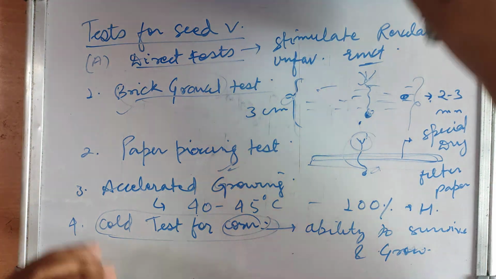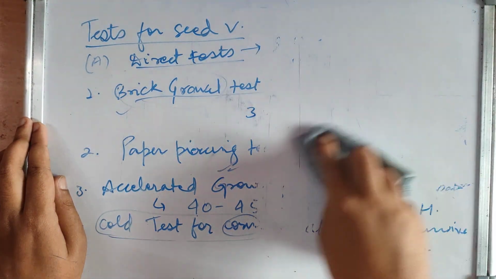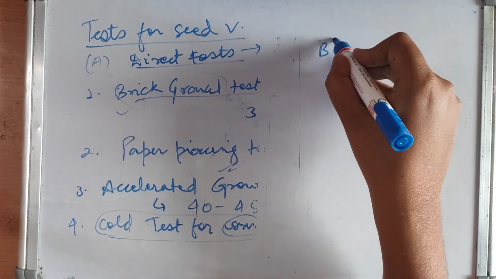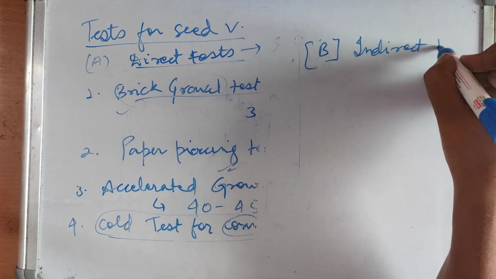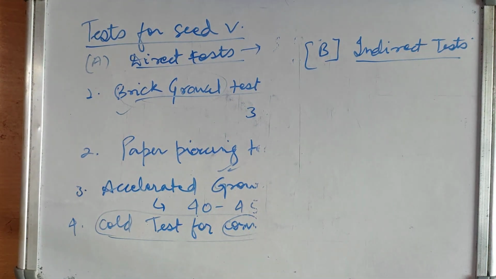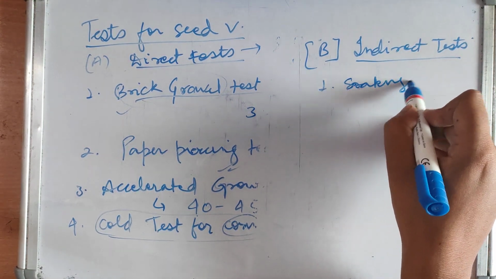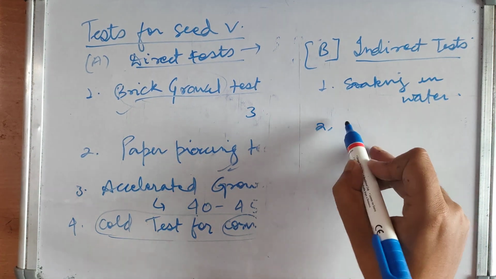Now moving to number B, that is indirect tests. Number one is soaking in water. We soak the seed in water and then check its germination performance.